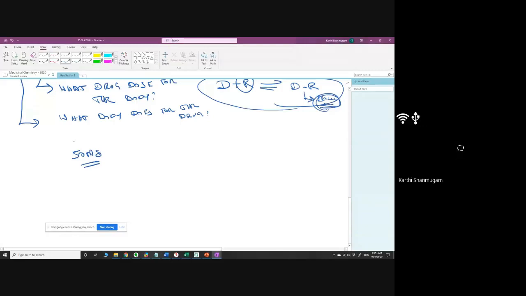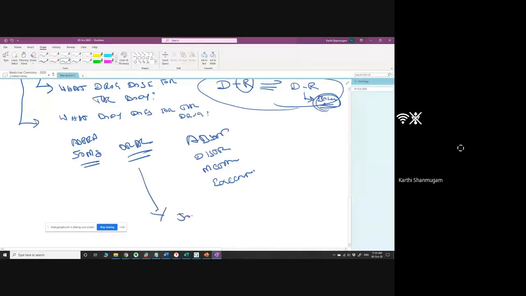If you take 50 mg of aspirin as an oral drug, we discussed absorption, distribution, metabolism, and excretion. So if you take 50 mg of the drug molecule, your statement is that the entire 50 mg will be absorbed.